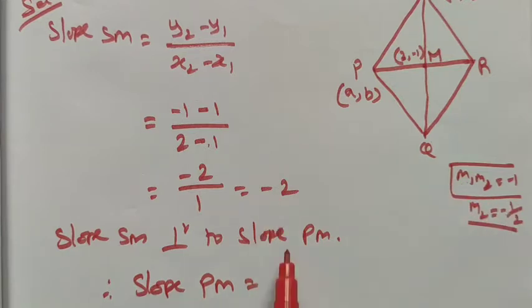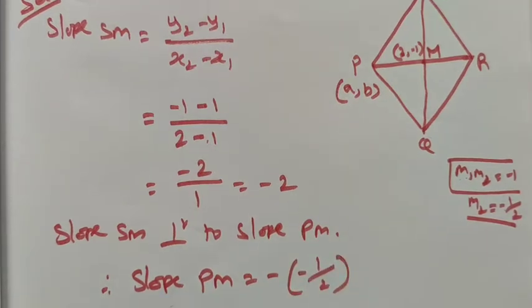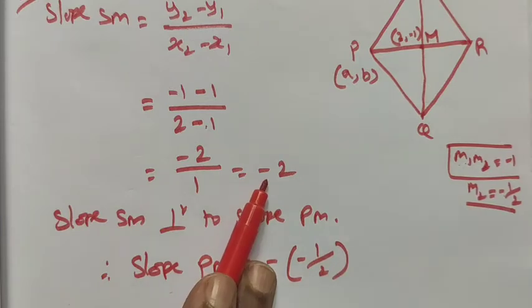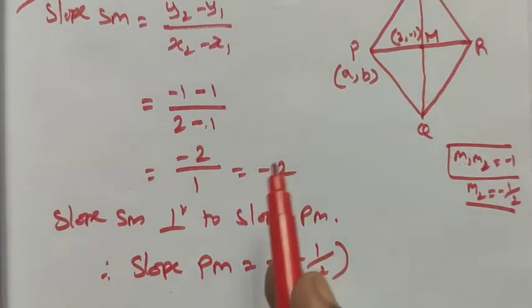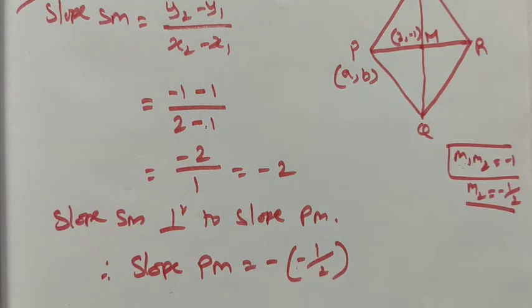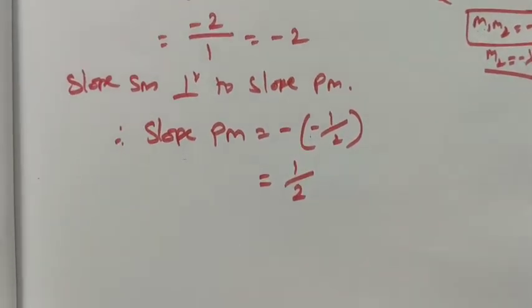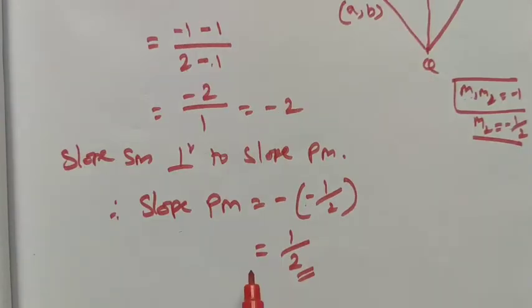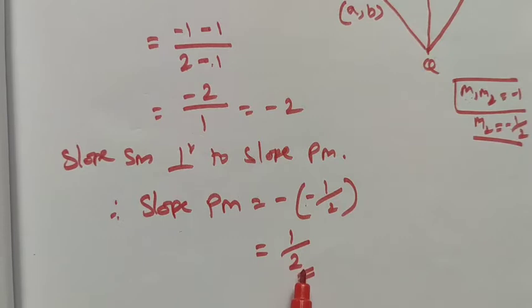Here we already have minus, so minus of -1/2, the reciprocal term. So minus of -1/2 is nothing but 1/2. Minus into minus is plus, so 1/2 is the slope of PM.